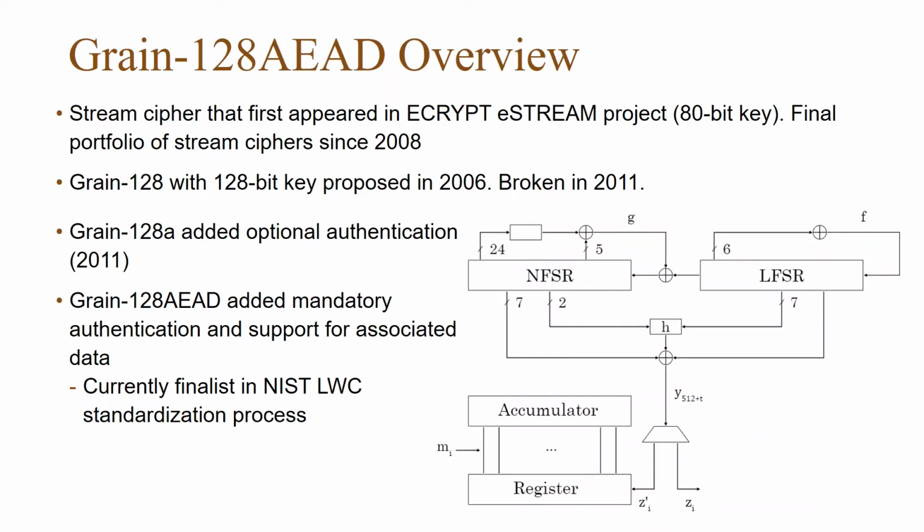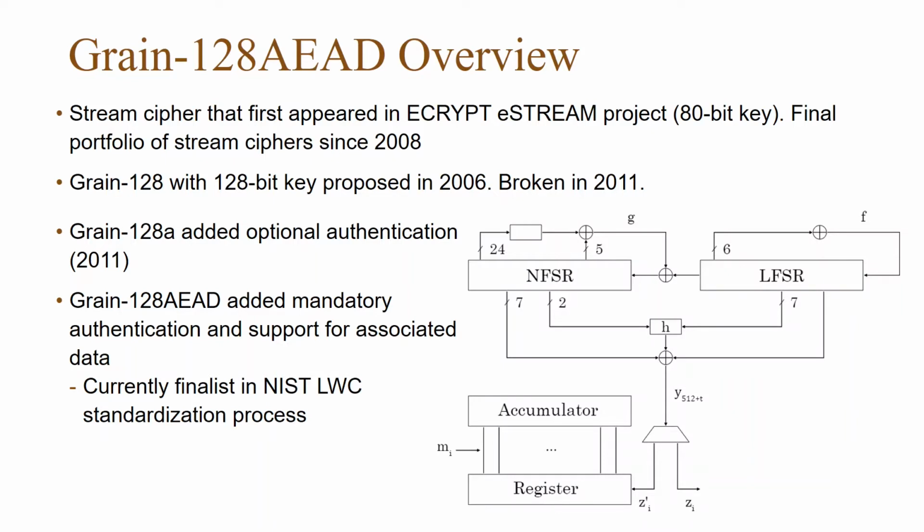Grain is a stream cipher that first appeared in the eCrypt eStream project, and the first version had an 80-bit key. Grain has been in the final portfolio of stream ciphers for the eStream project since 2008. Grain-128, which was a version with a 128-bit key, was proposed in 2006. This version should be considered broken since 2011.